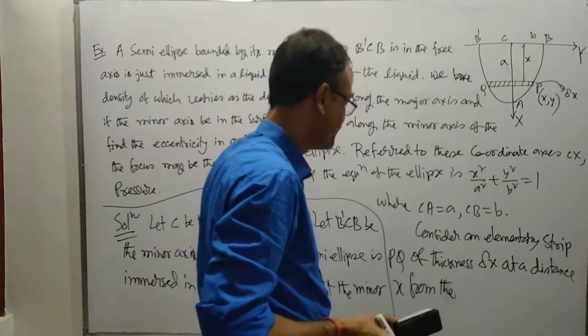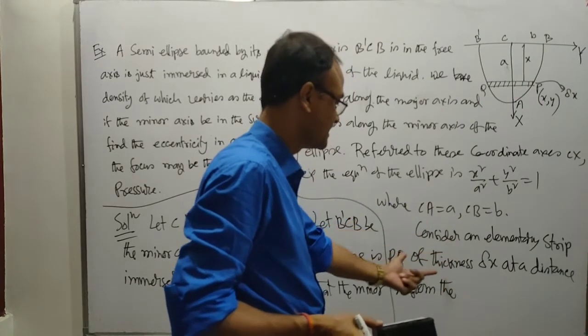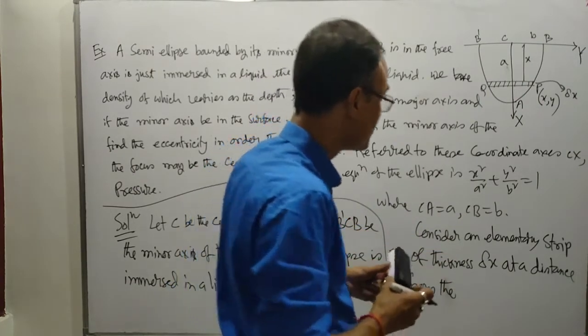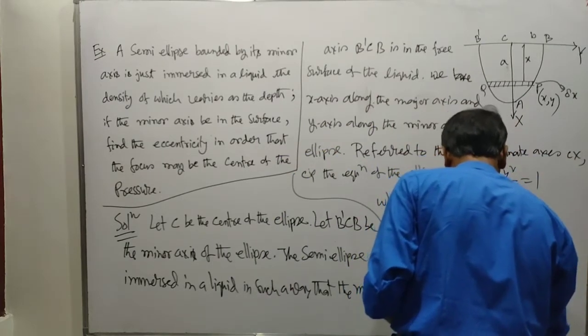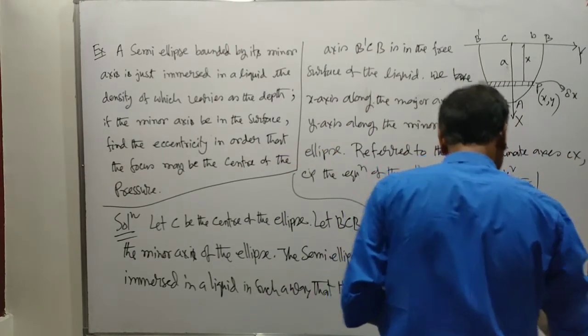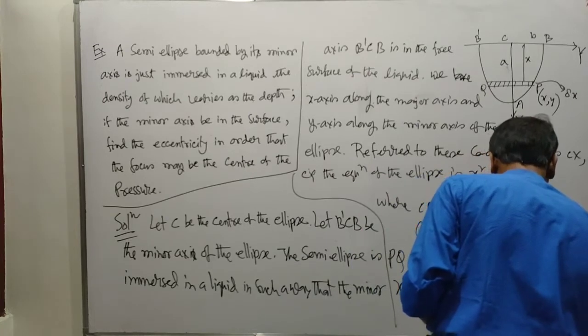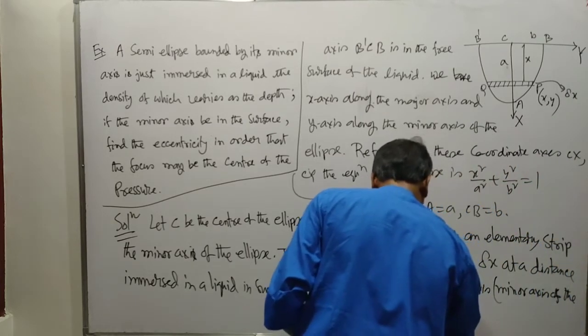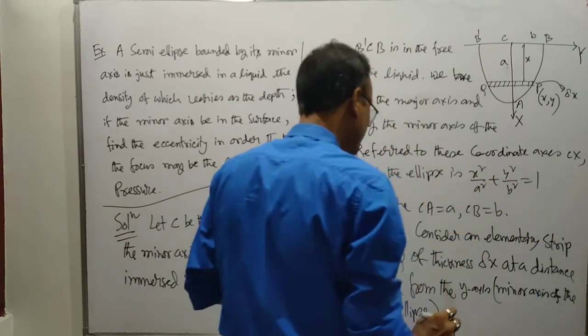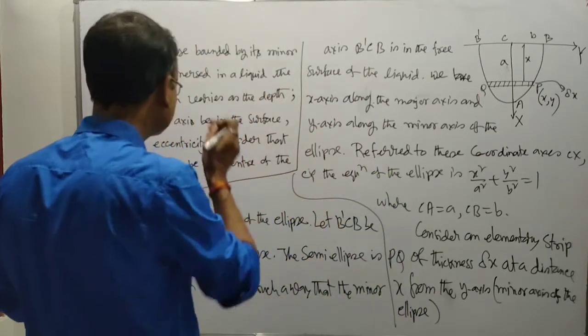Consider an elementary strip PQ of thickness delta x at a distance x from the y-axis, or the minor axis of the ellipse.